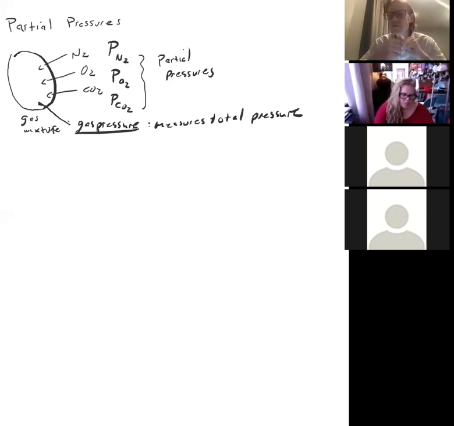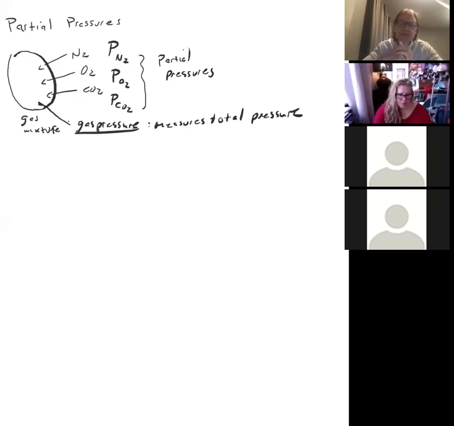Or you might have a total pressure of 1 atmosphere and 21% of it is oxygen. That sounds good, but maybe 1% of it is a poisonous gas. Then you still couldn't breathe it, right? So that's essentially what this is getting at, which is how much of each gas do you have in the container, okay? So the terminology we use for the pressure of each gas is called the partial pressure, okay?